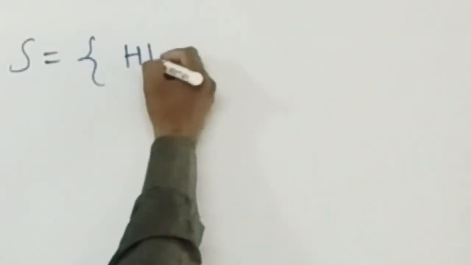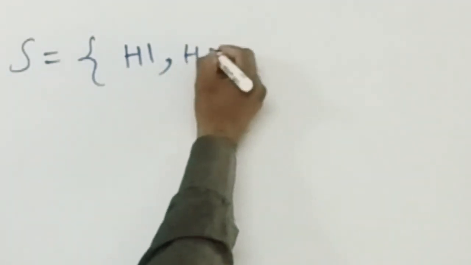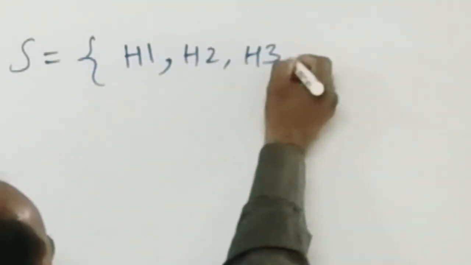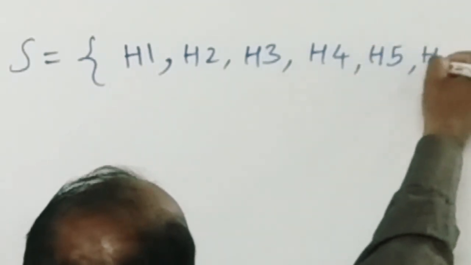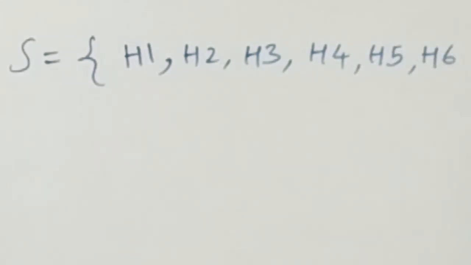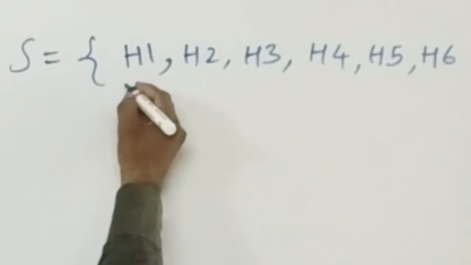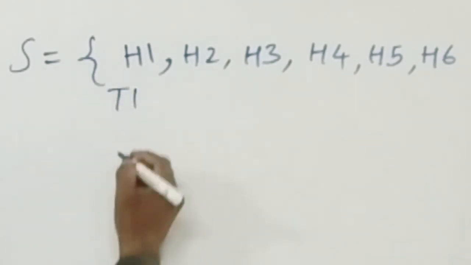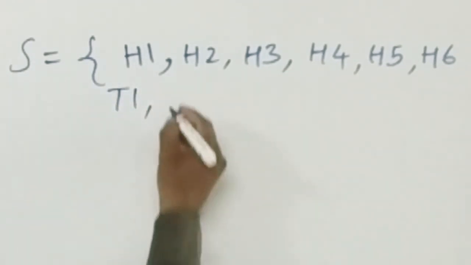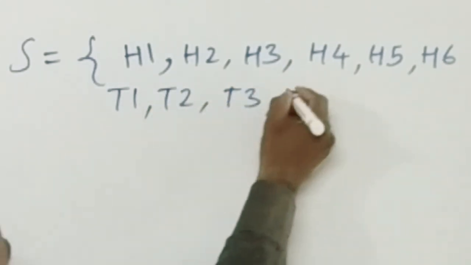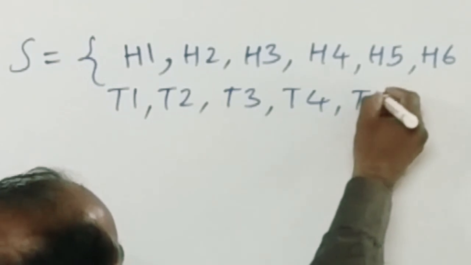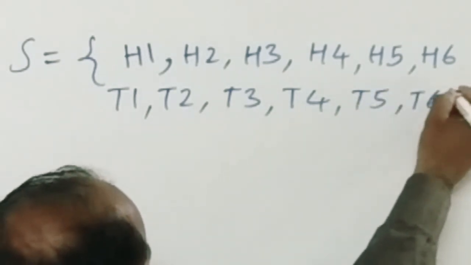So H1, H2, H3, H4, H5 and H6. So the head combines with the 6 outcomes of the die, then tail on the coin: T1, T2, T3, T4, T5 and T6.